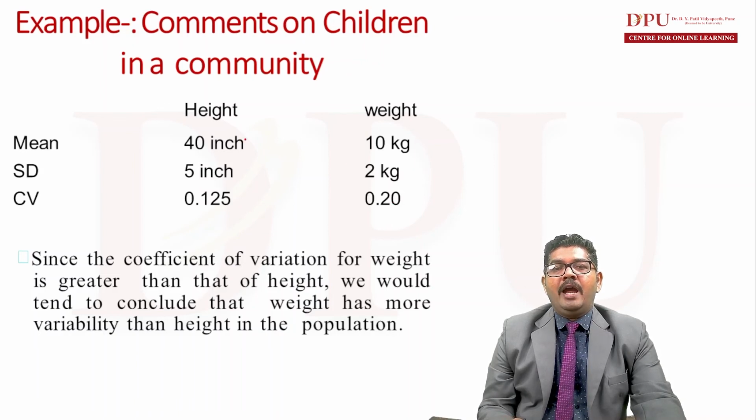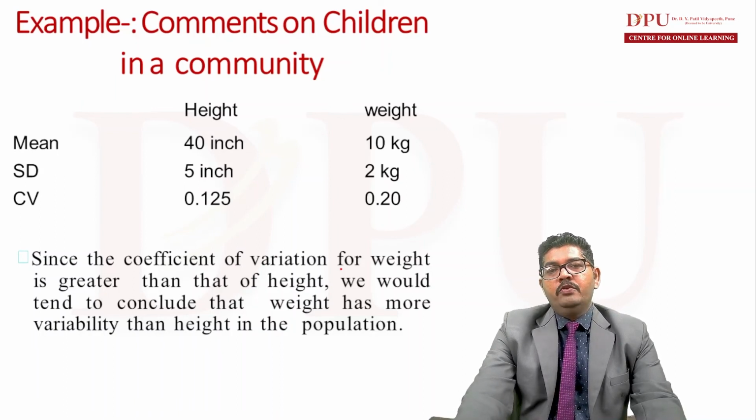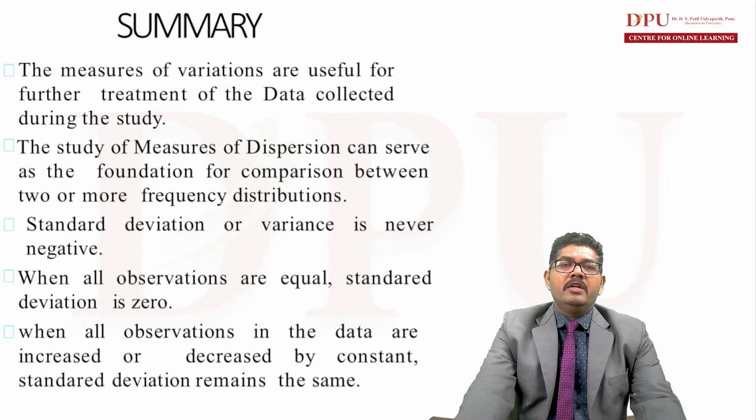So we can say that height is more consistent and less widely spread and weight is more widely spread, and therefore since the coefficient of variation for weight is greater than that of height, we would tend to conclude that weight has more variability. So weight has more variability because it has higher coefficient of variation than height in the population. So this is how we can use the coefficient of variation to compare two different data sets.